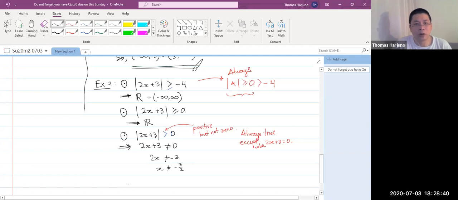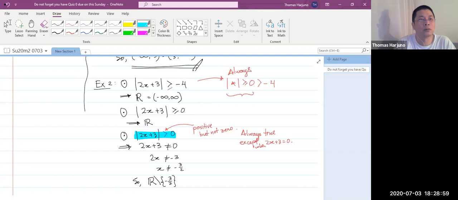The solution, therefore, is all real numbers except negative 3 halves. You can plug in any x you like and it will make this statement correct, except when you plug in negative 3 halves, it will make that statement wrong.